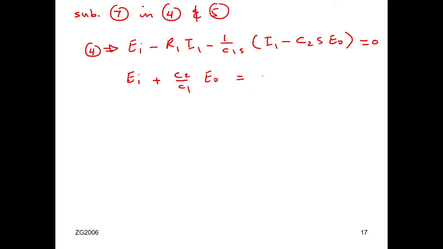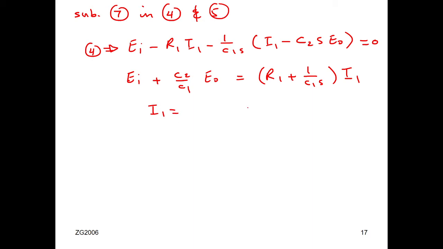And take everything to the other side. This is going to be R1 plus 1 over C1 S, times the current I1. Yes? I hope this is correct. R1, yes, 1 over C1 S, I1, yes. Now solve for I1.